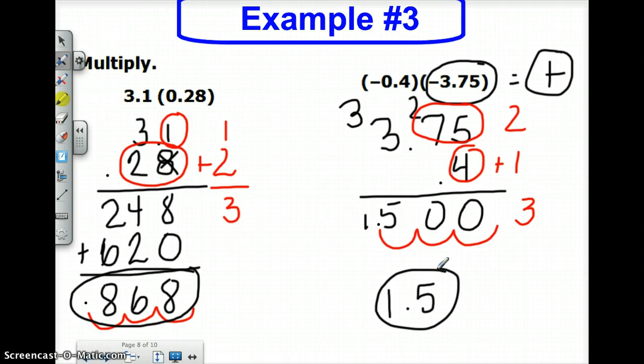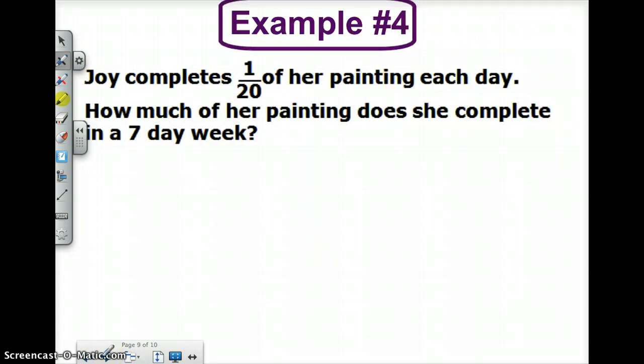The last thing we will look at, Joy completed 1/20th of her painting each day. Of. Hopefully you remember back from chapter 1 that the word of means to multiply. 1/20th of, meaning multiply, her painting each day.